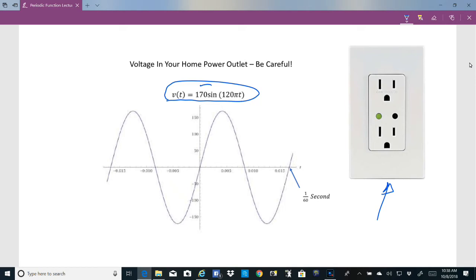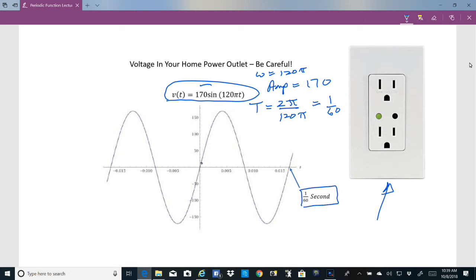If we graph it, we see that the amplitude is equal to 170. And the period, T, is equal to 2 pi over omega, where omega is 120 pi. This equals 1/60. And since t is in seconds, the period is 1/60 of a second.